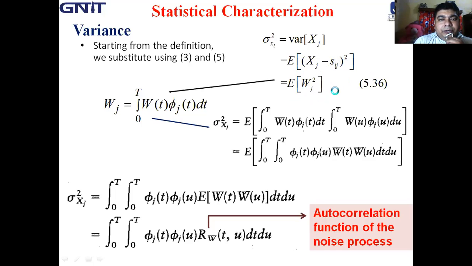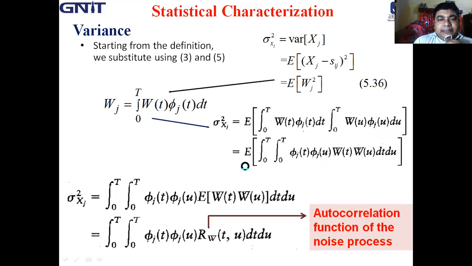Now we know that Wj is equal to the integration from 0 to T of W(t) phi j(t) dt. Therefore, the variance sigma Xj squared equals the expectation of the first term, the integral from 0 to T of W(t) phi j(t) dt, and the second Wj, the integral from 0 to T of W(u) phi j(u) du.